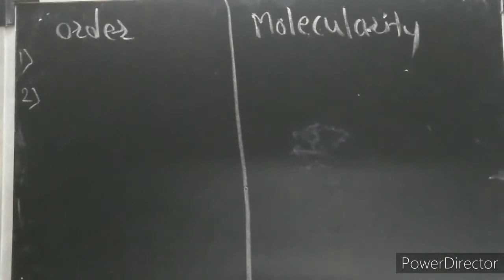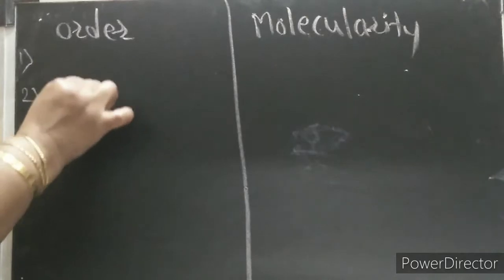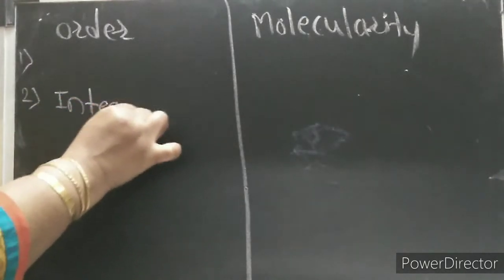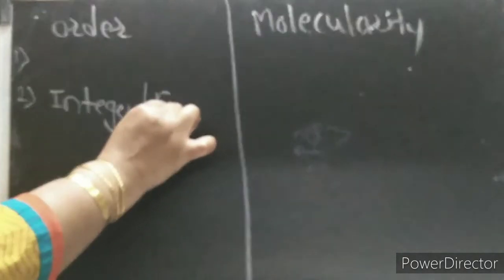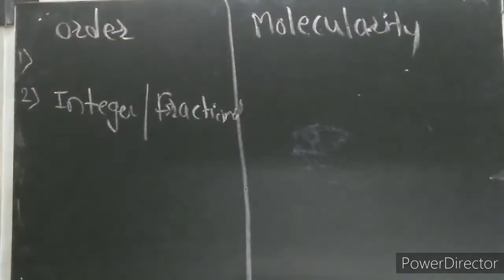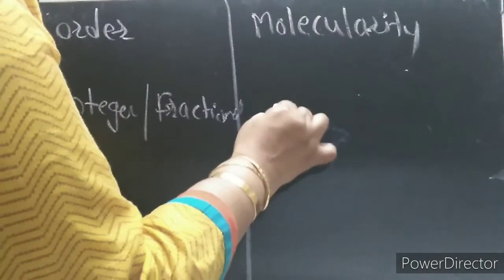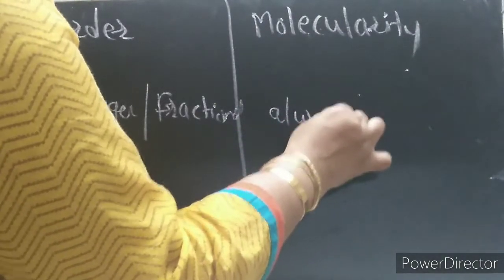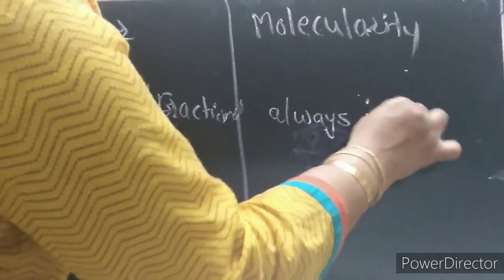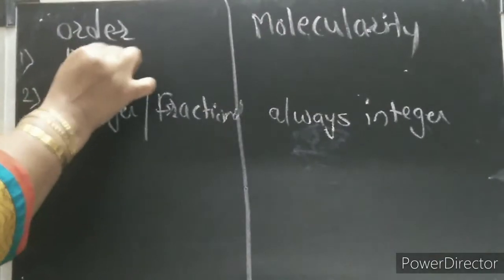For the second one, order of reaction may be integer or it may be fractional. But molecularity is always integer. So the first point is the definition part.